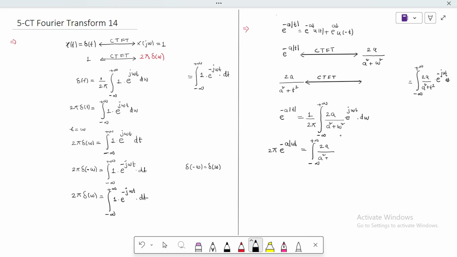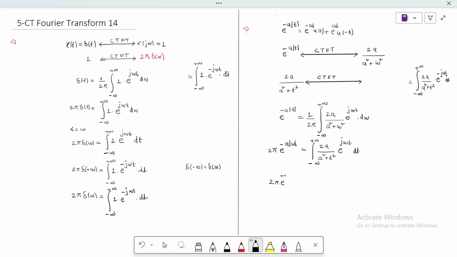Here omega must be replaced by t, so there is no change in the exponent, because omega is replaced by t and t by omega. Then we will get the same, omega t here, this is dt. Now change omega to minus omega.